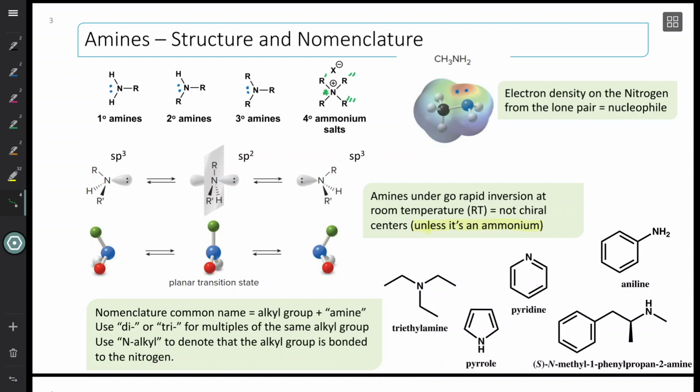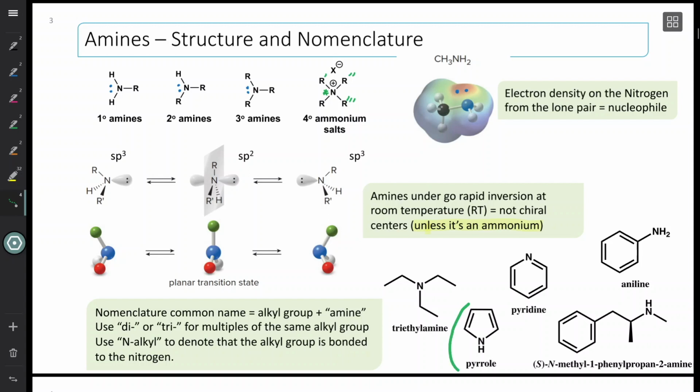If you have multiples, say this is triethylamine, so there are three ethyl groups. If you have to say different groups, you would say maybe N-methyl, N-ethyl. The N just means that the ethyl and methyl groups are bonded through the nitrogen.